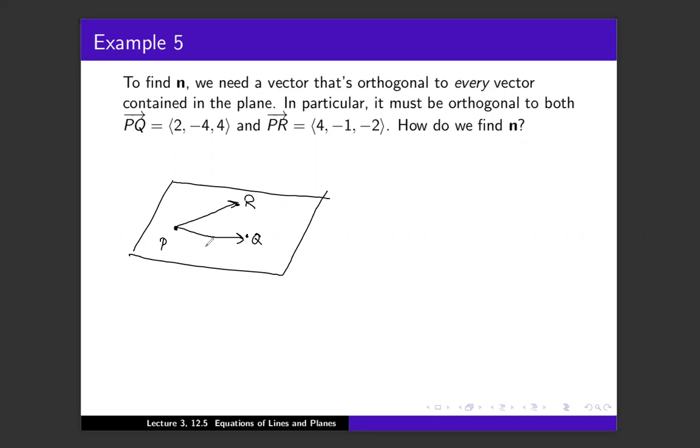In particular, it's orthogonal to the vector PQ, and it's orthogonal to the vector PR. This is the vector we want, n. And it's orthogonal to both of these things.